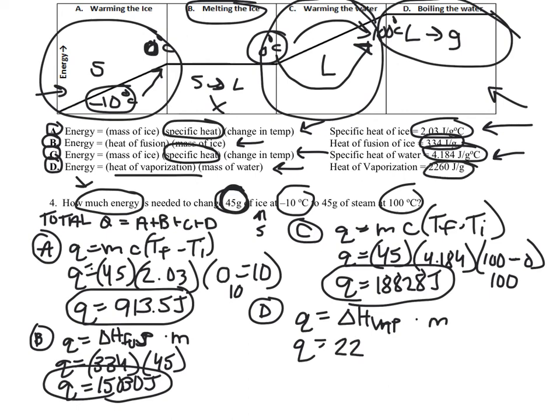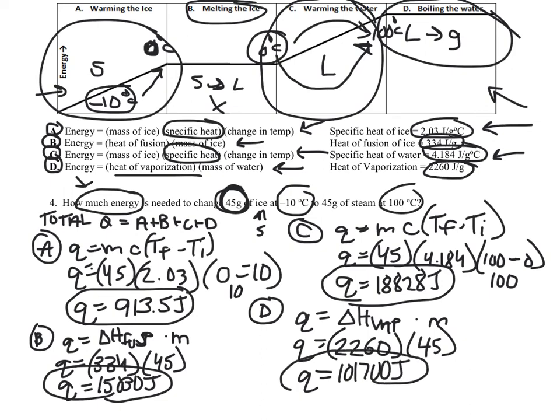It's 2260 joules per every gram of water, and times the mass, which is 45 grams. And the total, 2260 times 45, ends up being about 101,700 joules.